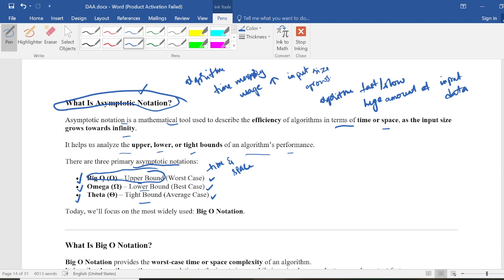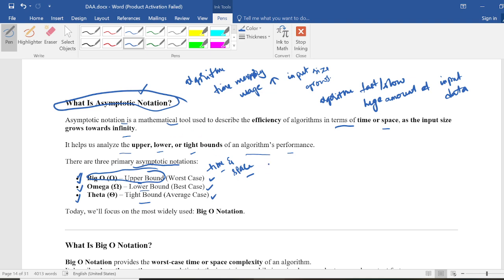It helps us compare different algorithms without worrying about the hardware or programming languages.